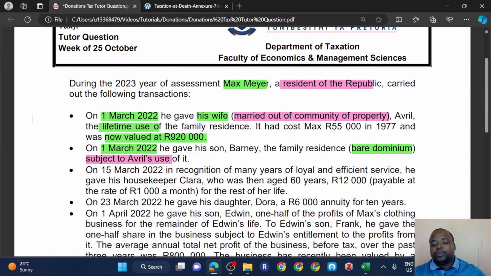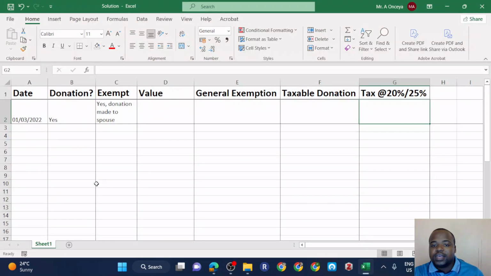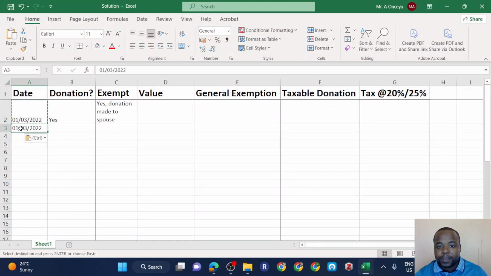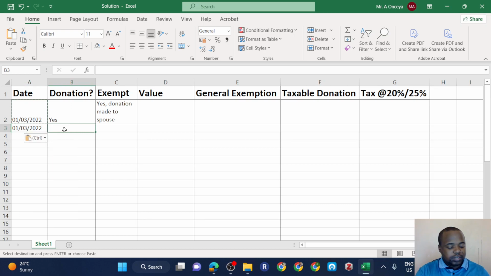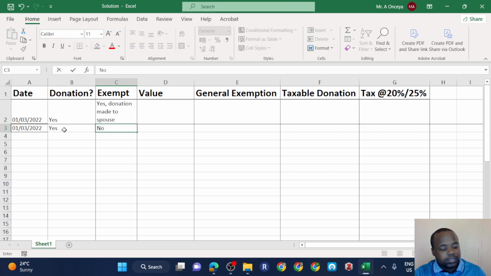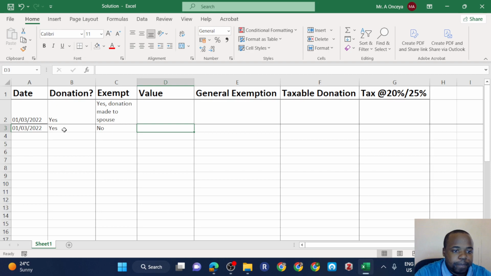So now we must ask ourselves, is this a donation? It's on the same date. Is this a donation? Yes, it is a donation. Is it exempt? No, it is not exempt, because, guys, it doesn't meet any of the list of exemptions, right? So it is not exempt.